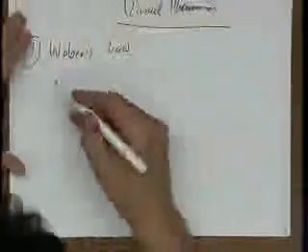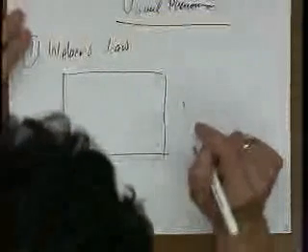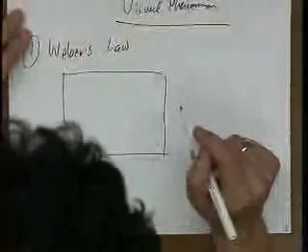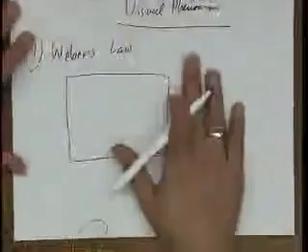So here's the experiment that you end up doing. You start with some patch that you're showing to an object, and that patch has some sort of an intensity, which we call I out.